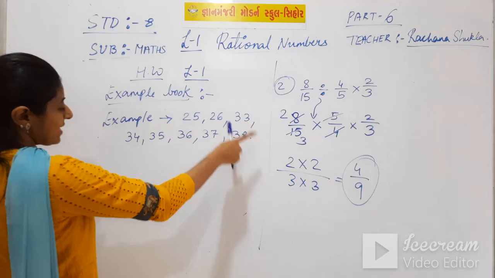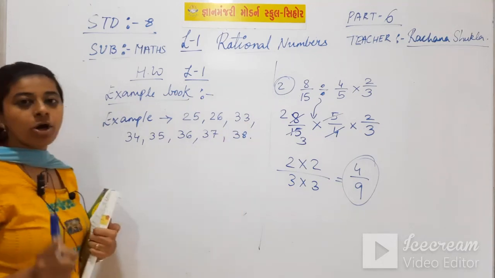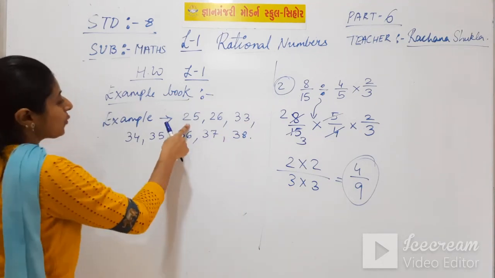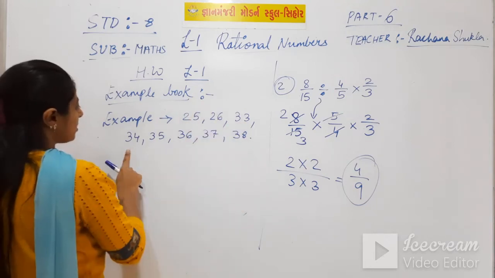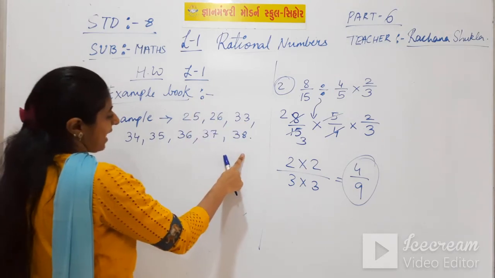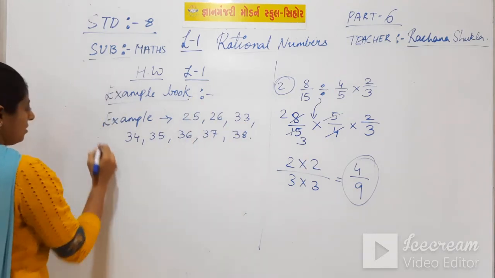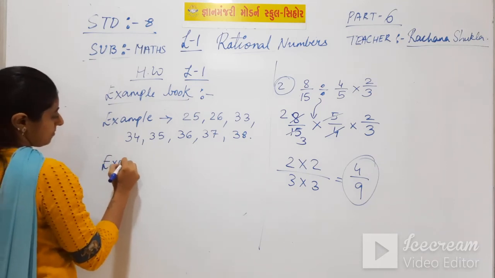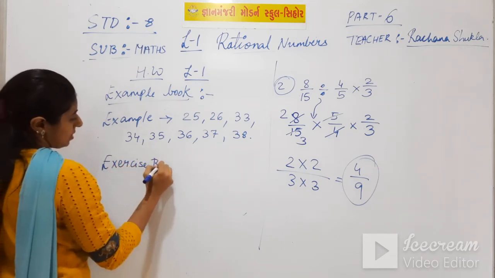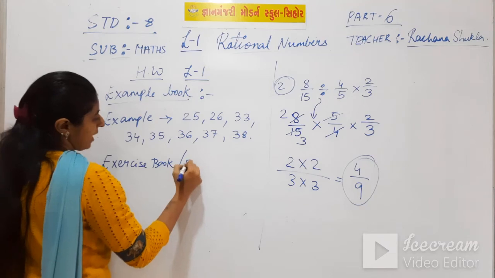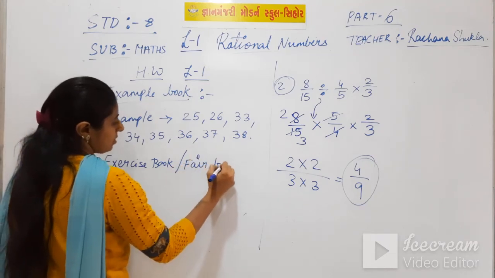So these examples you have to complete in your example book, that is 25, 26, 33, 34, 35, 36, 37 and 38. And the exercise book or fair book, the same thing.